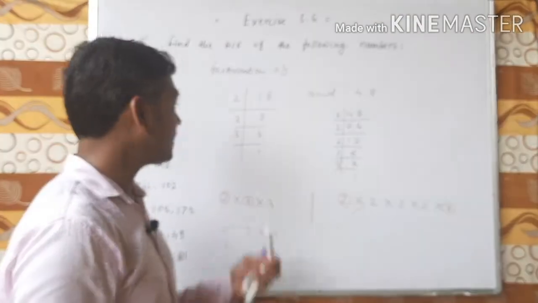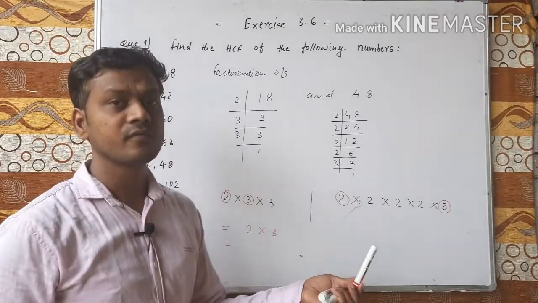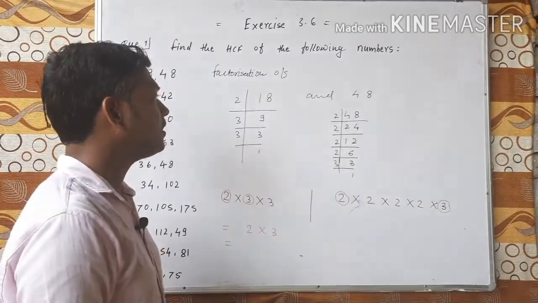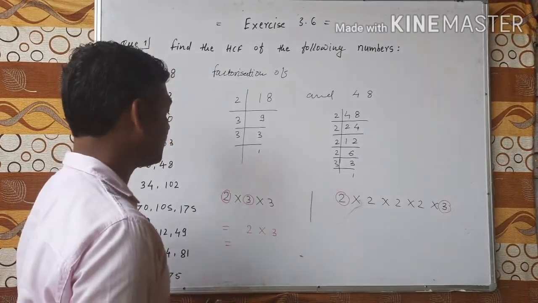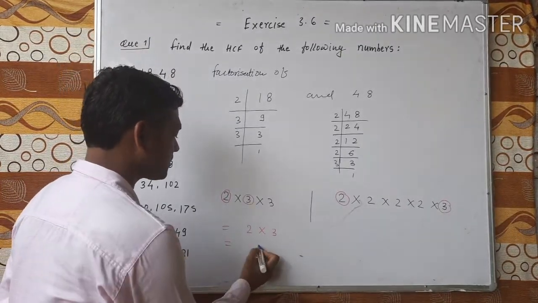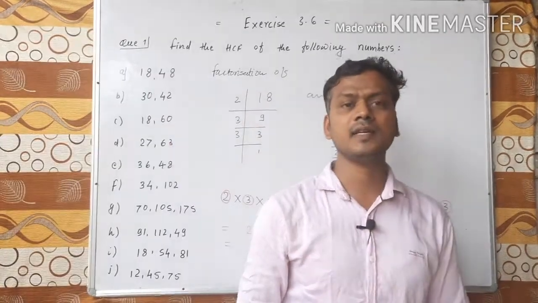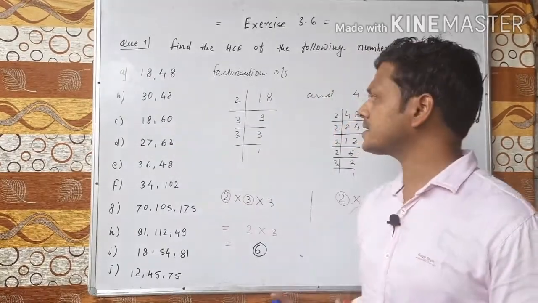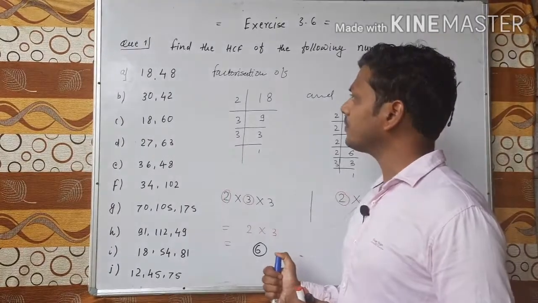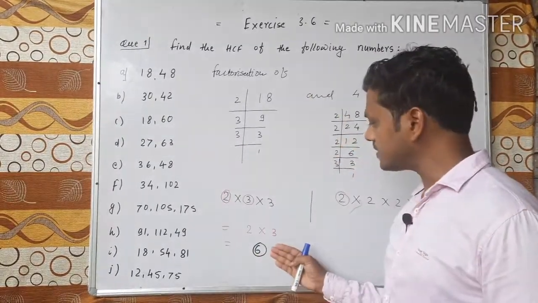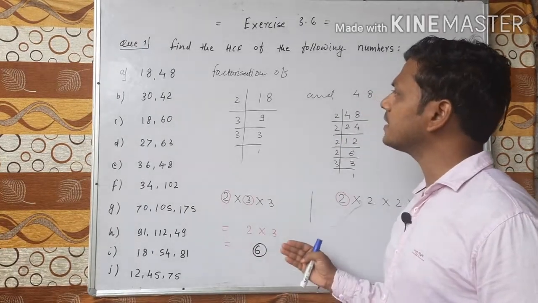Because 2 is present in the factors of 18 and 48, and similarly 3 is also present in both factors. So their multiplication, 2 times 3, is 6. 6 is the highest common factor, and 18 and 48 are both divisible by this number, that is the HCF.